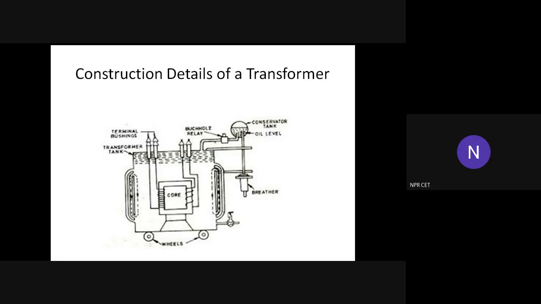And then the drain valve. Sometimes the dielectric property of the oil is lost. At that time we need to remove the carbonized oil. The heavy carbon causes the loss of the dielectric property of the oil. So at that time we need to remove the carbonized particles of the oil.